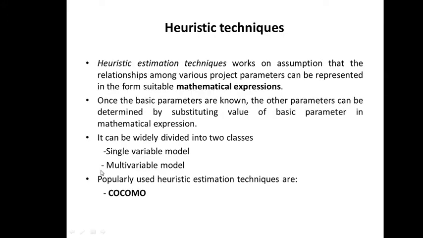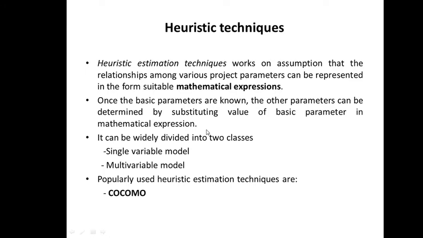Now, starting with the second technique, that is the heuristic technique. So the heuristic technique is one which is totally based on mathematical expressions, right? Where we use certain expressions, the formulas, and then we are going to estimate the time and the cost. So once the basic parameters are known, the other parameters can be determined by substituting the value of the basic parameter in the mathematical expression.